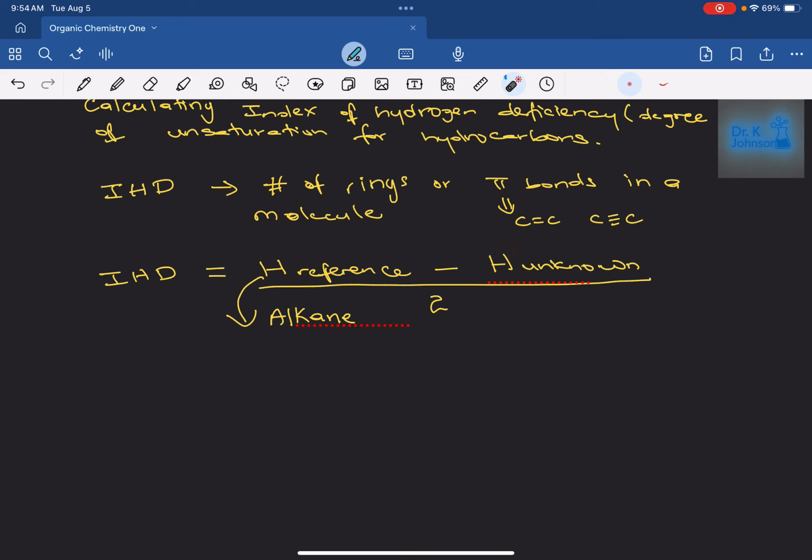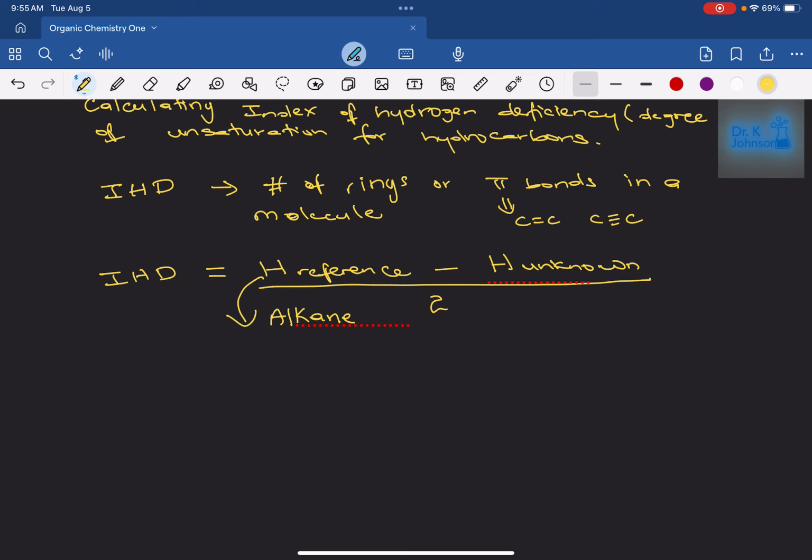Once you subtract, you get the deficiency. Loaded with hydrogen, lacking some: if I subtract, I get the deficiency. So the number of hydrogens in your reference comes from your alkane.